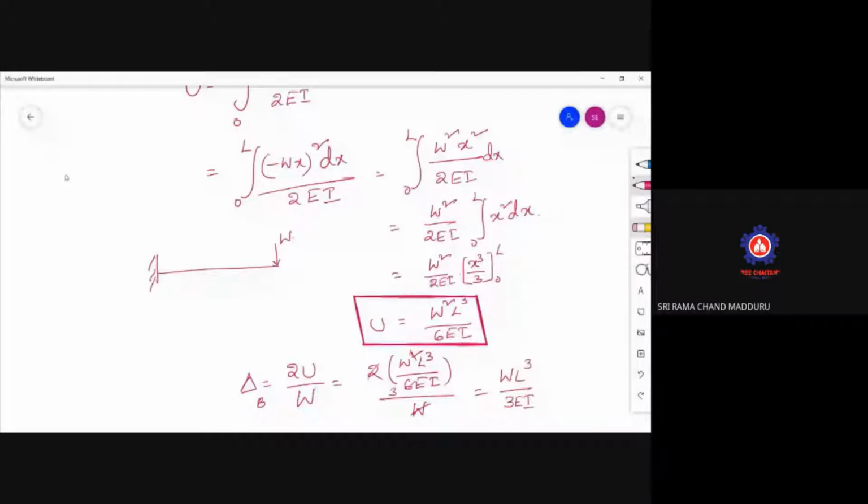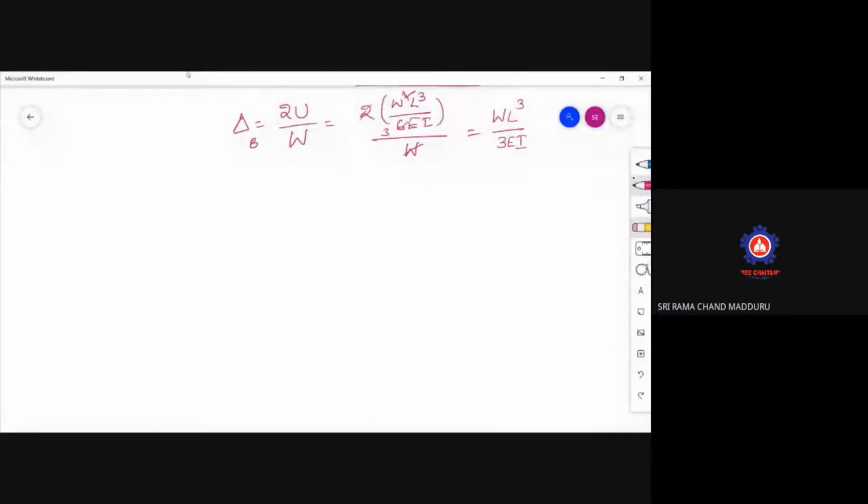Now we will solve one or two problems in this class. In the next class, I will explain the next method, which is the unit load method. What is the problem for practice? Determine the vertical deflection at C of the truss loaded as shown in the figure.